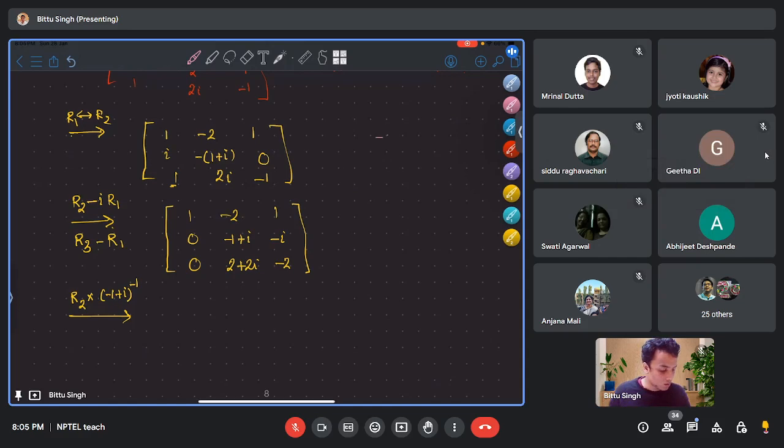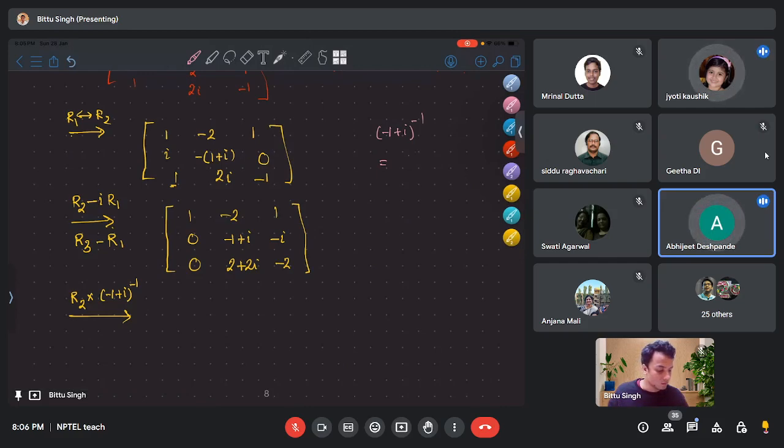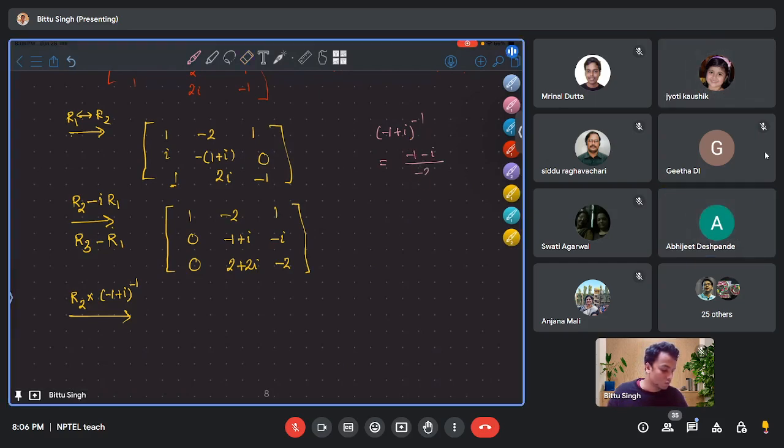So what is the inverse of minus 1 plus i? It is minus 1 minus i upon minus 2, because the inverse of a plus ib is a minus ib divided by the modulus squared, that is a squared plus b squared.